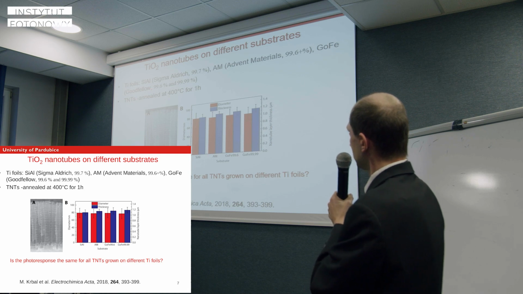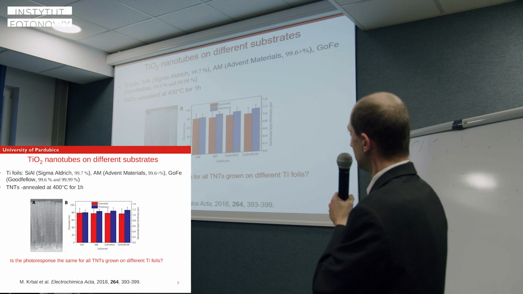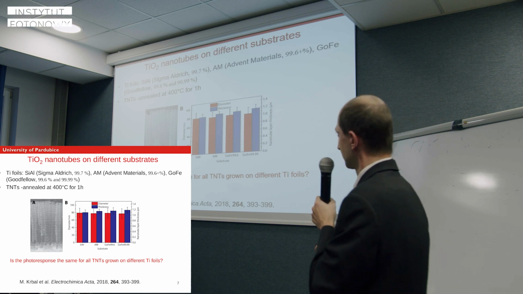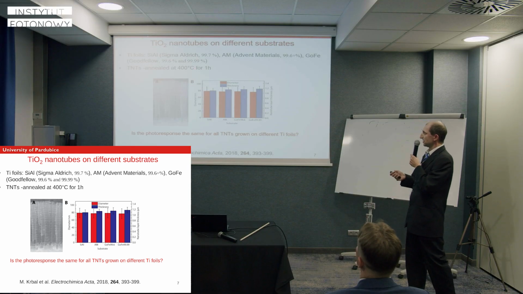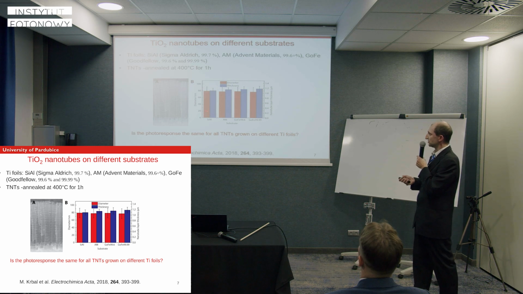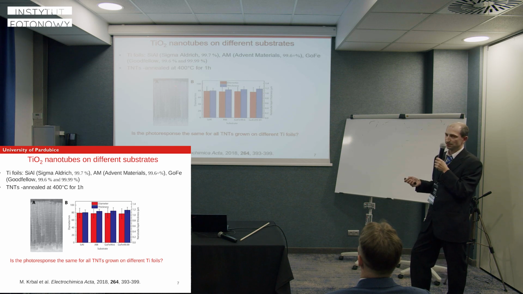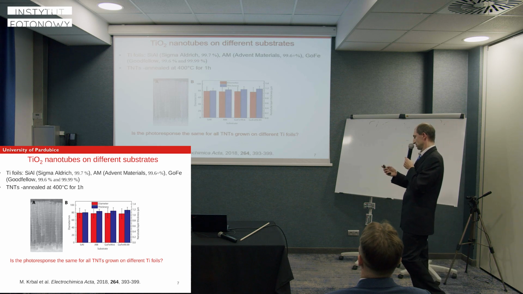From Goodfellow we used 2 different purities, and one was specifically polished. We converted them to anatase, and then did the analysis of the diameters and the length. You can see that all of them were approximately 1 micron thick, and the diameter was about 80 nanometers.